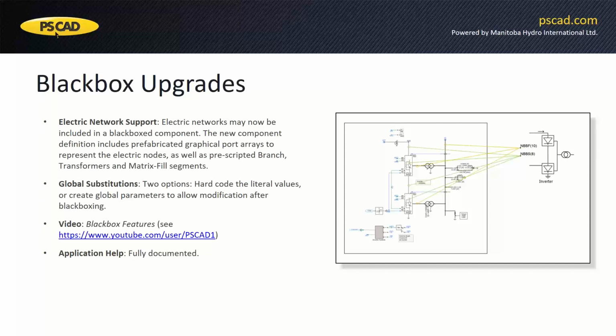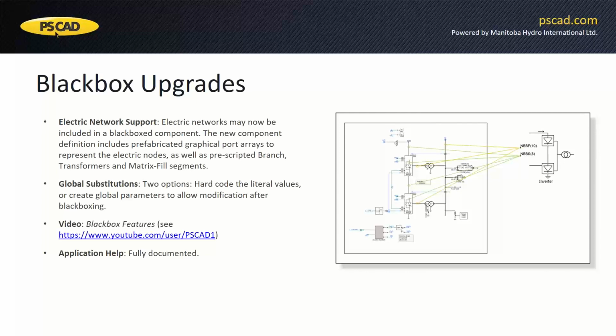The electrical nodes are all remapped to two port arrays. You can see in the diagram there on the right, a fixed node array and a switch node array. It also constructs a branch, a transformers, and a matrix fill segment for you in the component definition script.